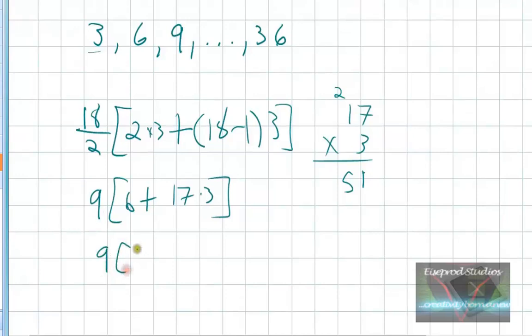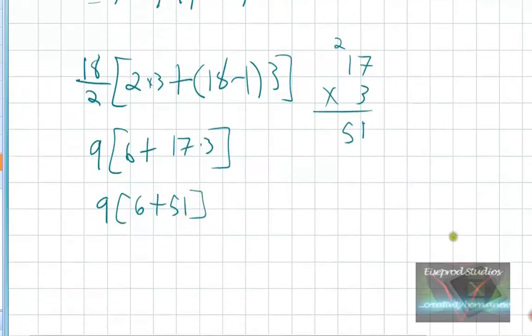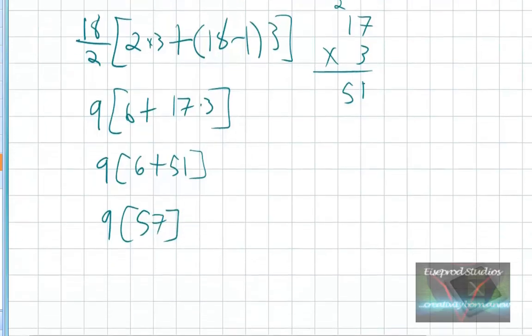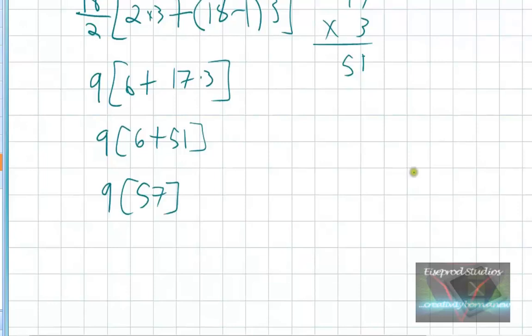9 times the quantity 6 plus 51. And so then we're going to add, and we're going to get 9 times the quantity 6 plus 51 is 57. And then we're going to do 9 times 57.